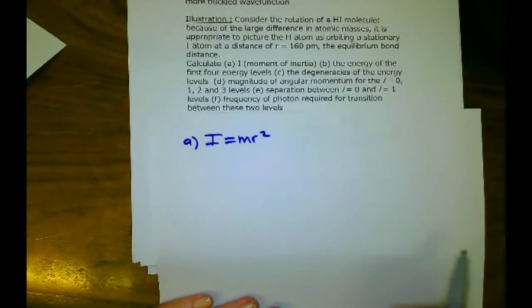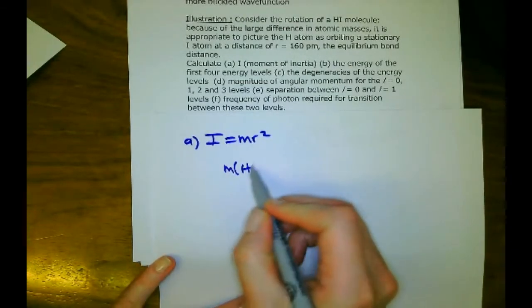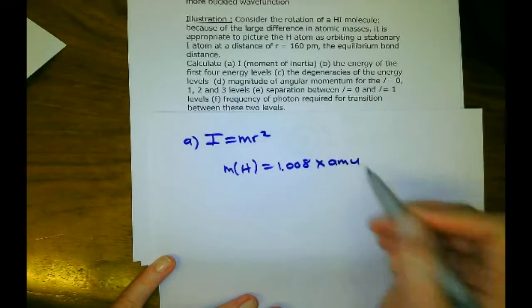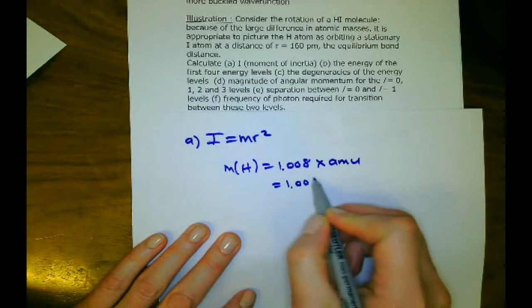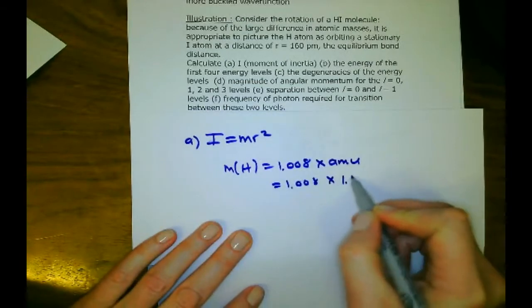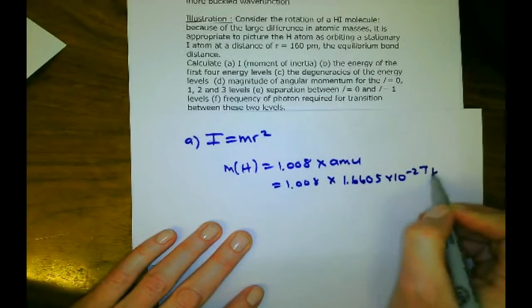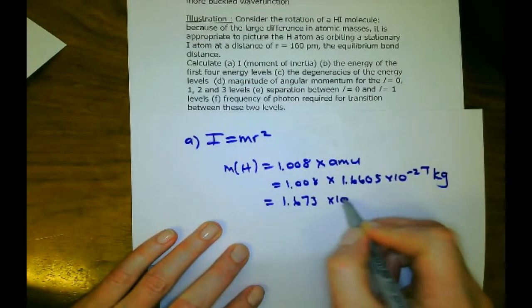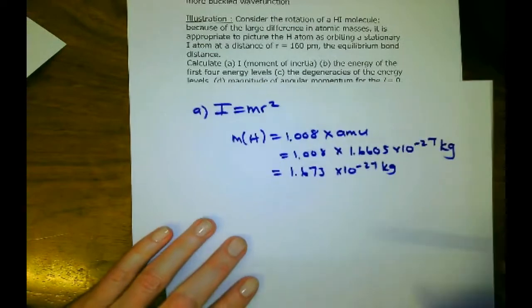Well, basically, you use the mass from the periodic table times the atomic mass unit that is given in the data sheet, which is 1.6605 times 10 to the minus 27 kilogram. So with that information you can calculate the mass of any atom.